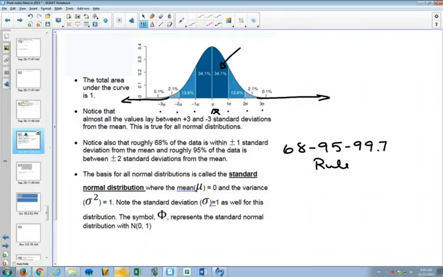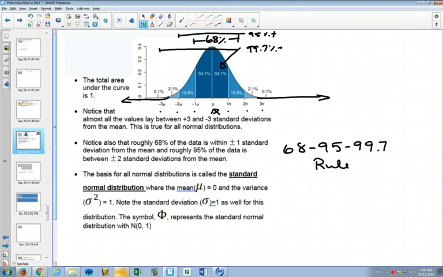It's got a nice ring to it. And it's to help you remember that if you go 1 standard deviation, you have 68%. If you go 2 standard deviations, you would be 95%. And if you go all 3 standard deviations, you're almost at 100%. Oh, my lines don't quite match up, but that's the idea.